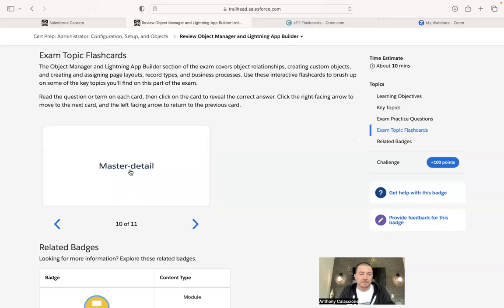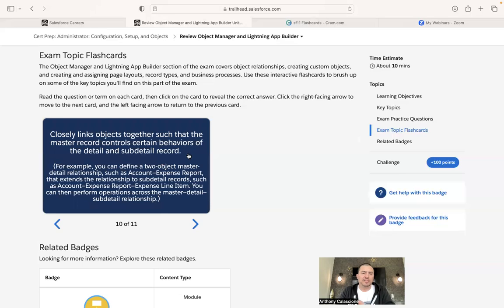Master detail. Closely links objects together such that the master record controls certain behaviors of the detail or subdetail record. For example, you can define a 2-object master detail relationship such as account expense report that extends to the relationship of the subdetail records such as account expense report expense line item.